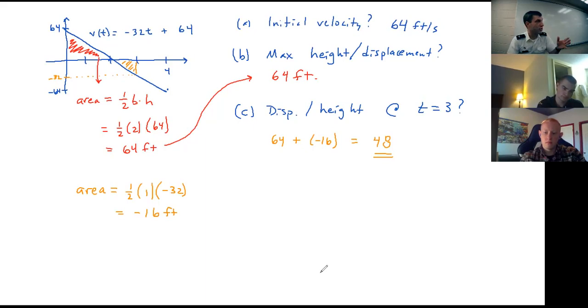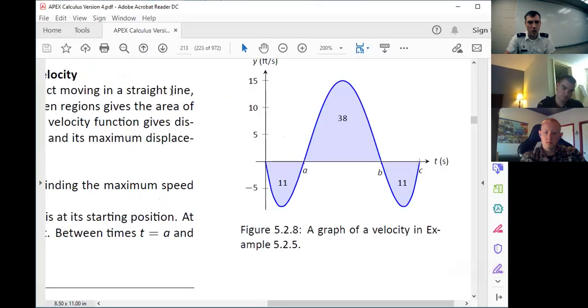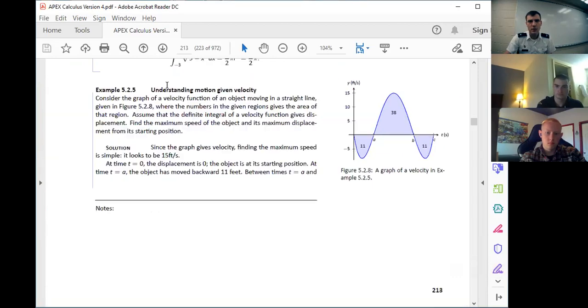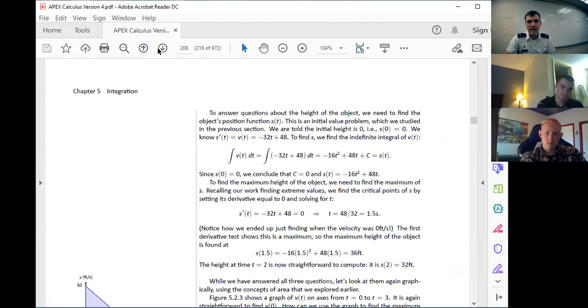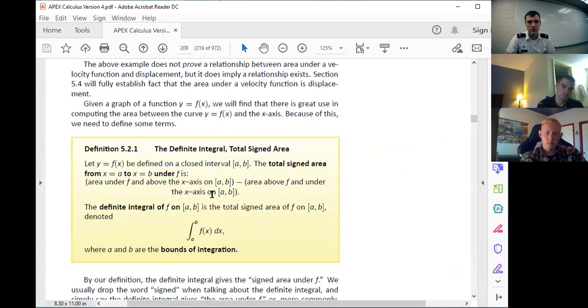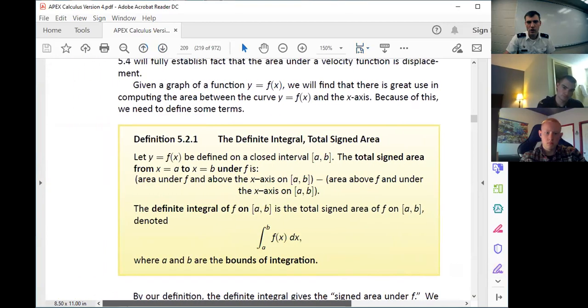I'm going to show you something out of the text, just because it's spelled out there nicely. So here's our text. We're going to talk about the definition of a definite integral. You don't have to write this out word for word because it's in your book, right? But what I want you to know is this part here, basically.